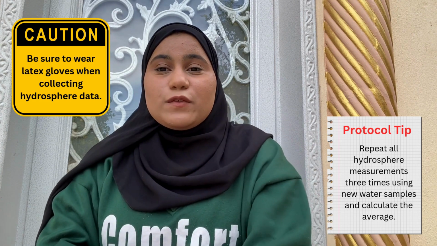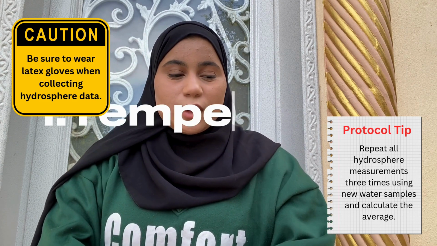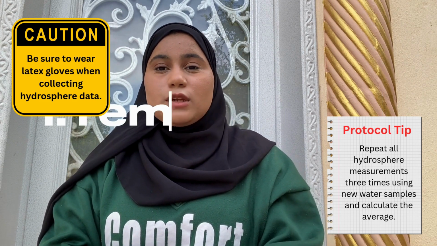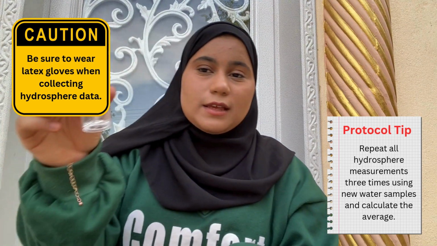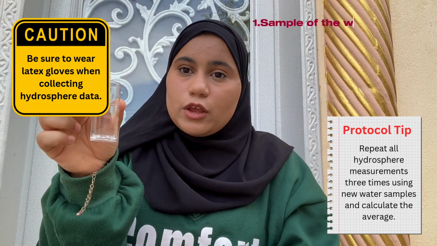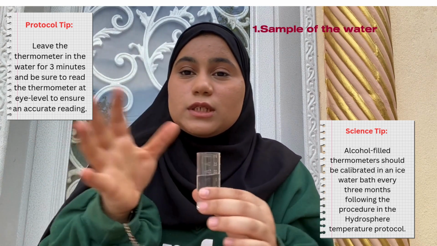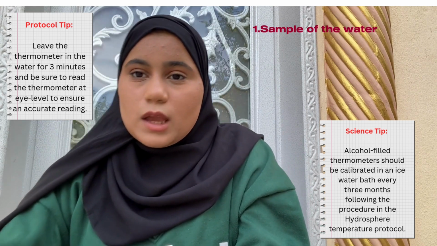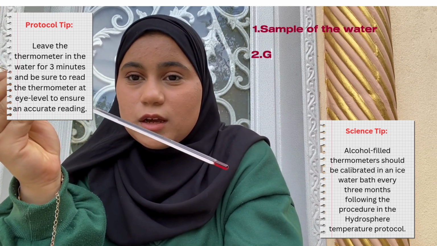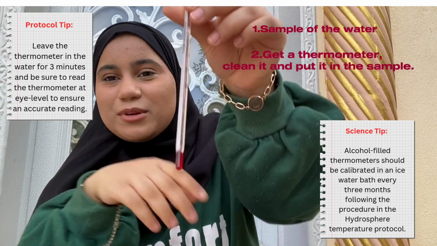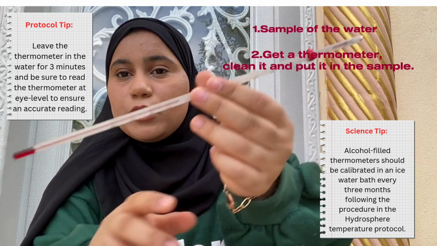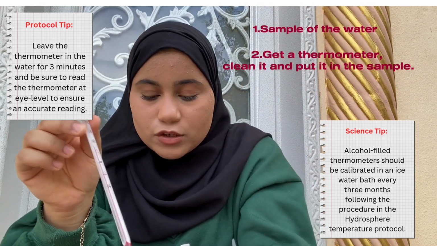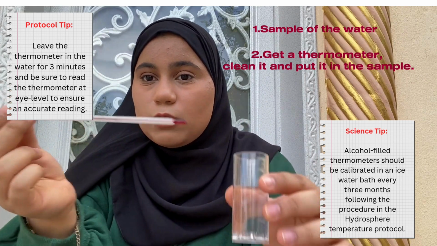So as I said, first of all is temperature. It's pretty easy. First thing you need to do is get a sample of the water that you want. Now to get the temperature, I'm using a thermometer. I think we all know what a thermometer is. You can find a thermometer anywhere in the house. So this is the water that I have, and it's pretty easy.